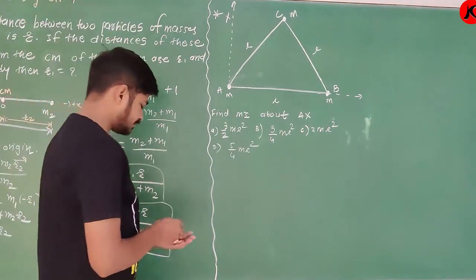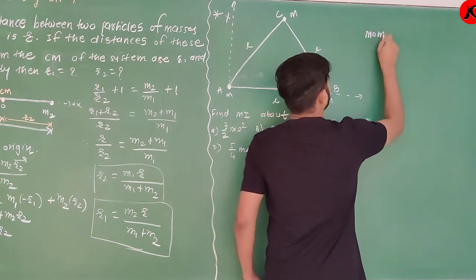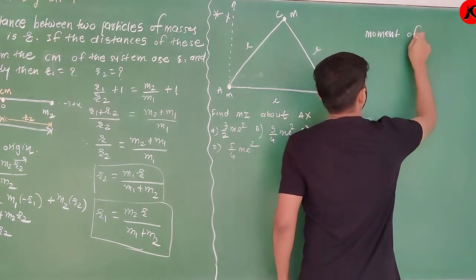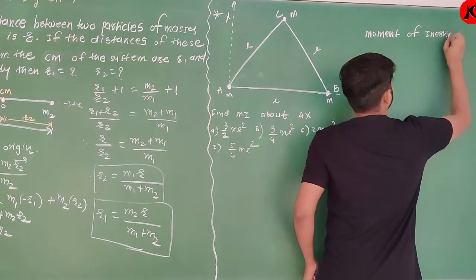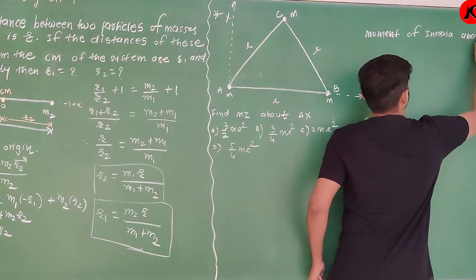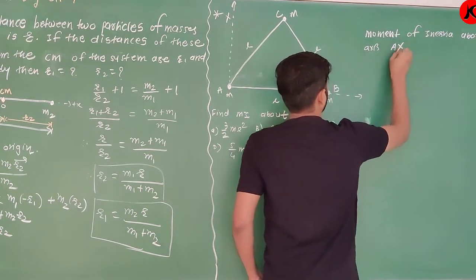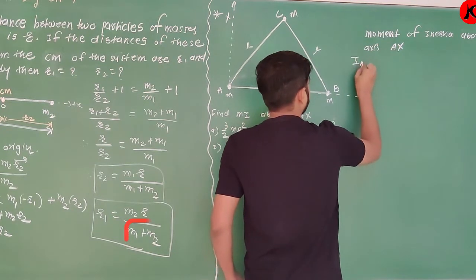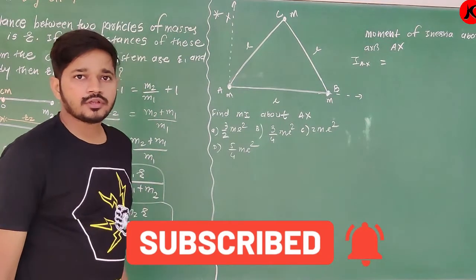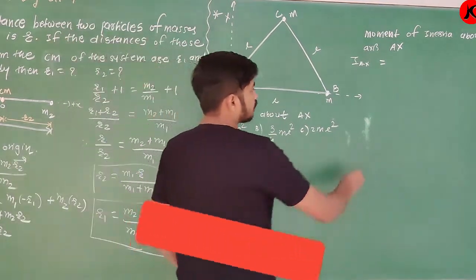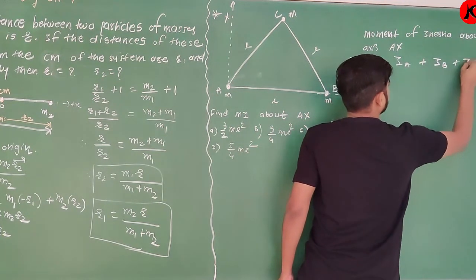See, here I will write the moment of inertia about axis AX is equal to, as you are given three particles, I can write this equation as IA plus IB plus IC.